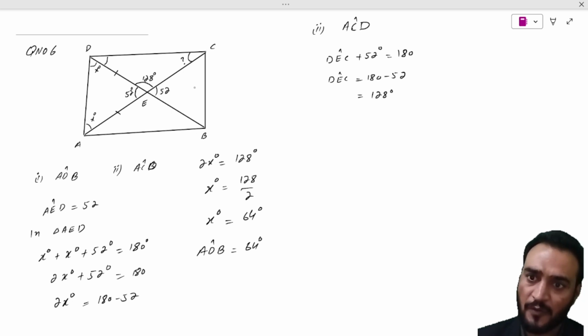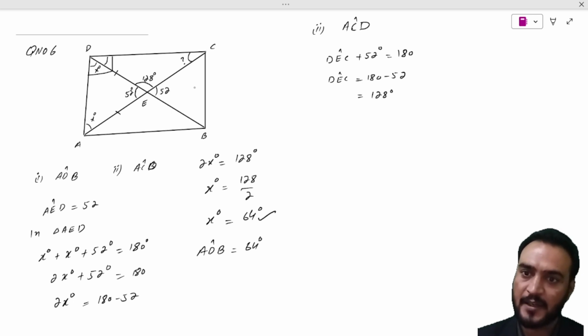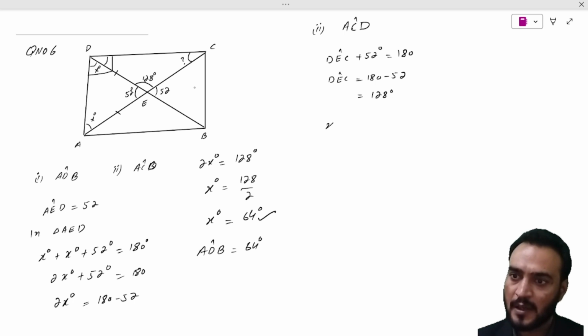We have found one of these angles. As you know, in a rectangle, all the interior angles are right angles. So this is the interior angle, and the value of x is now known over here, and the sum of these two angles equals 90 degree. So x degree plus angle EDC equals 90 degree.